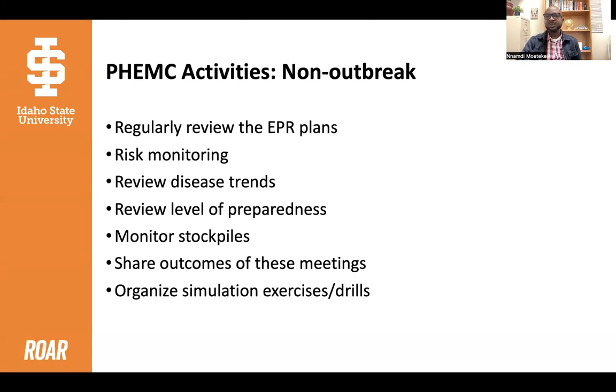And they should also review level of preparedness at the beginning of each epidemic season and monitor stocks of equipment for event investigation and response. And they should also share conclusions and recommendations of these meetings with respective committees at all levels, as well as organize simulation exercises and drills to test the emergency preparedness and response plans.